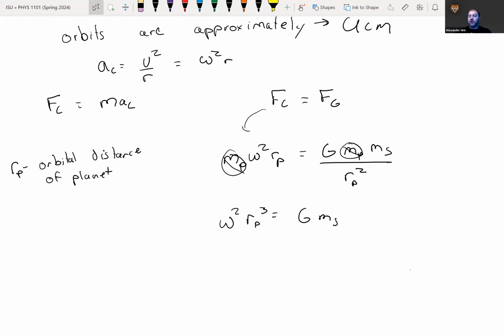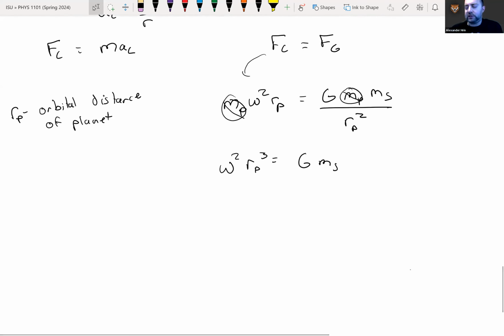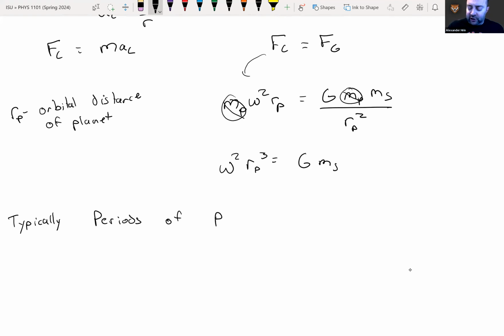so you can use this to set up a ratio. Now, it turns out that finding angular velocities of the planets is not difficult, but it's not something we measure directly. Typically, what is measured directly and given? Typically, periods of planetary rotation are given.